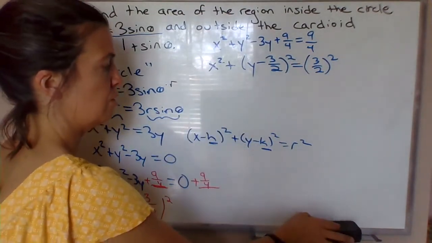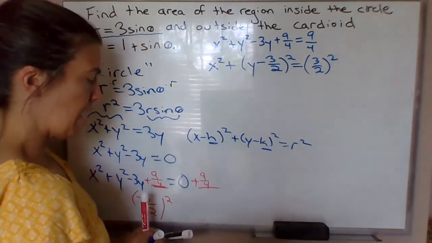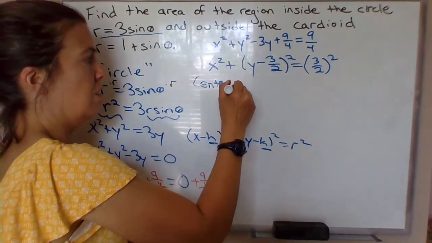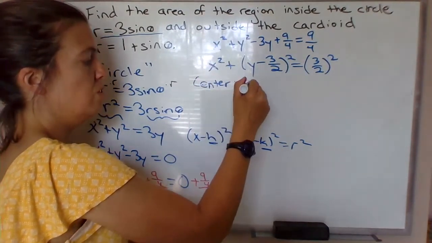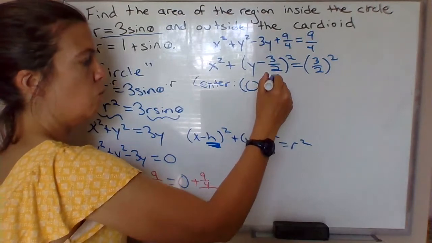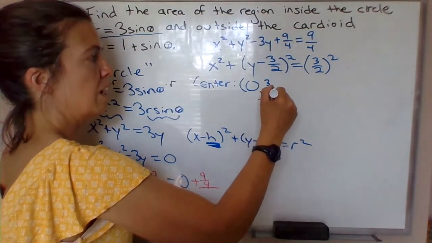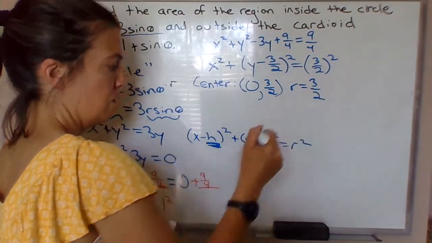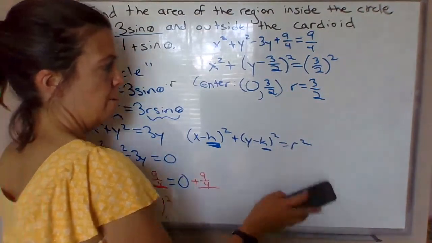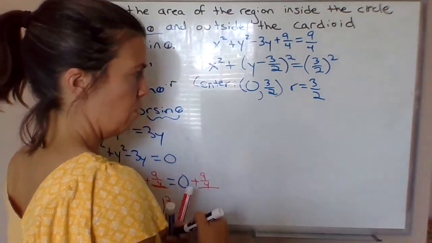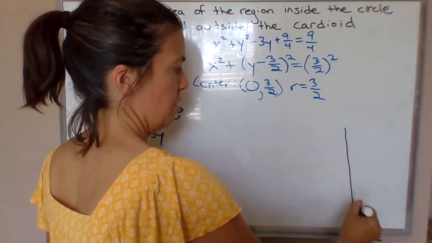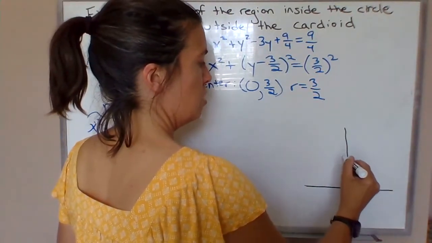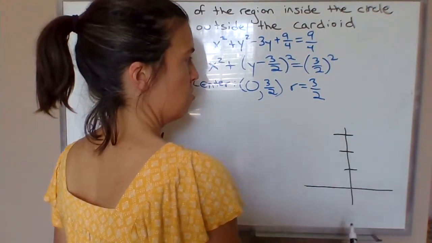Let's see, I want to draw the graph. Centered at x coordinate 0 because there is no h here. The y coordinate of the center is 3/2 and the radius is 3/2. So if I draw that graph down here in the corner, let's say this is 1, 2, 3 units right here.